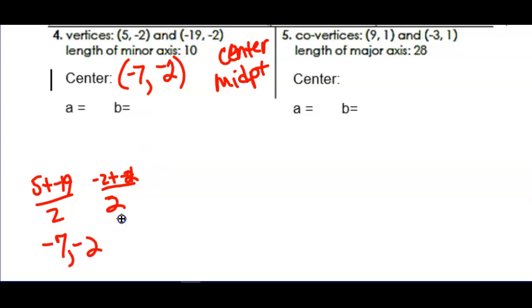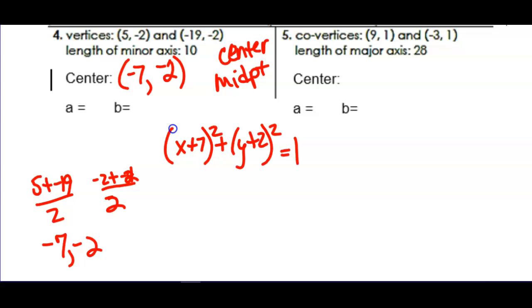So it just stays at -2. All right, so my formula is just x plus 7 quantity squared plus y plus 2 quantity squared equals 1, except the minor axis is 10. So b is half of that, which would be 5.